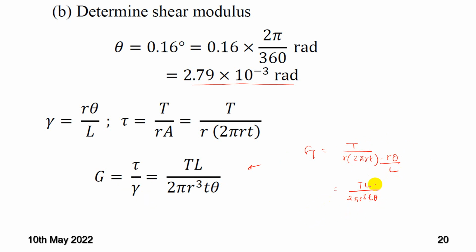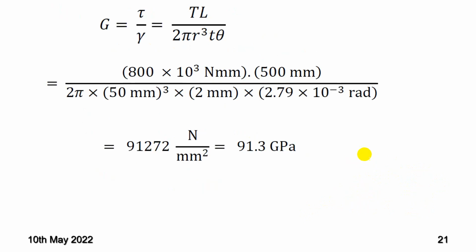Here T, L, R, the thickness t, and theta are all known. When you substitute all these, you get a value for shear modulus as 91.3 gigapascal.